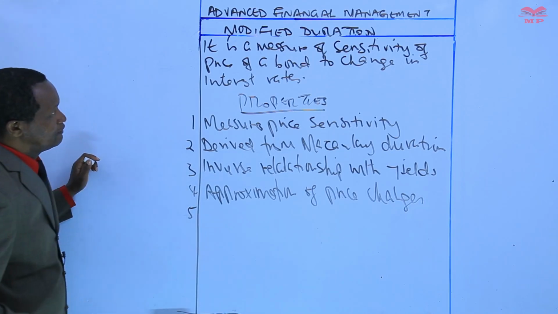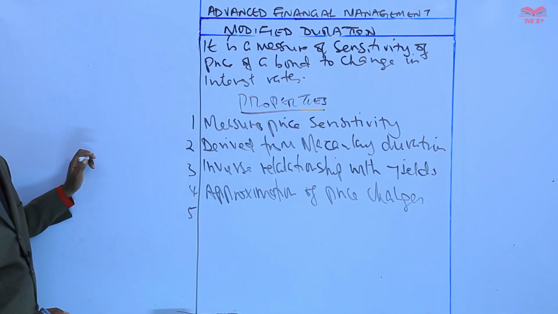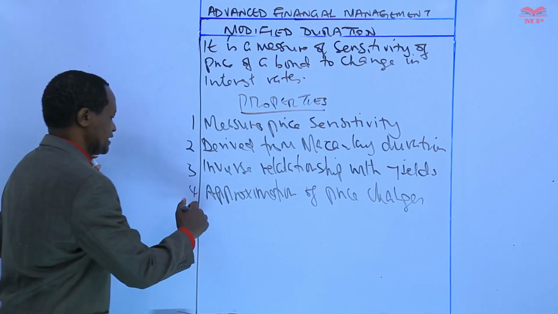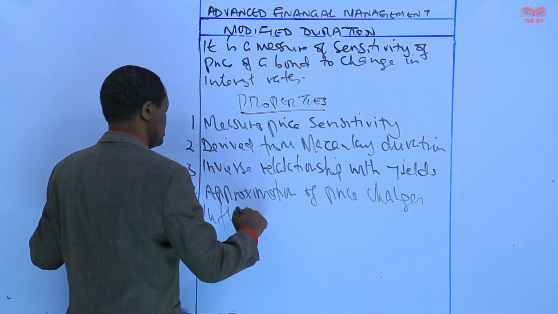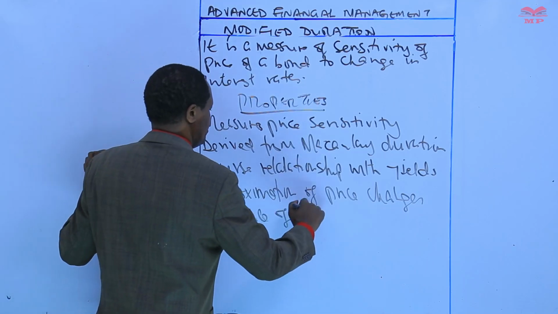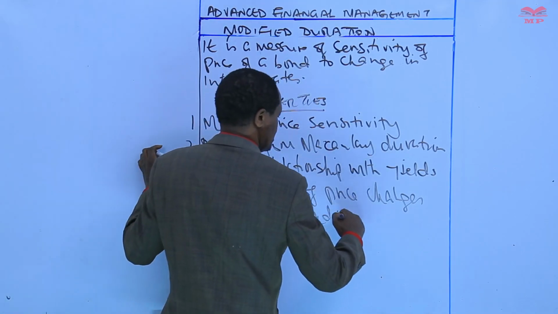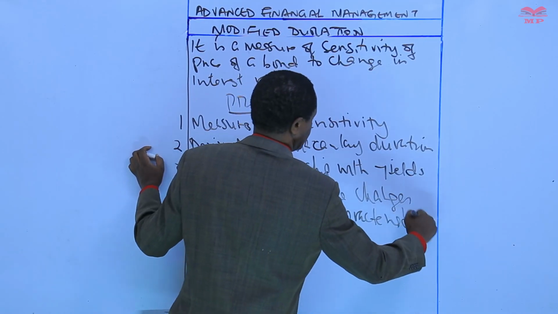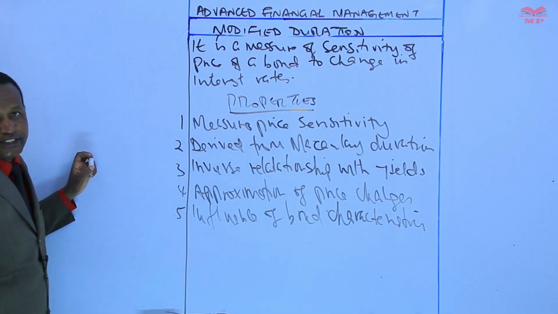Now we have another property or characteristic, which is the influence of bond characteristics.